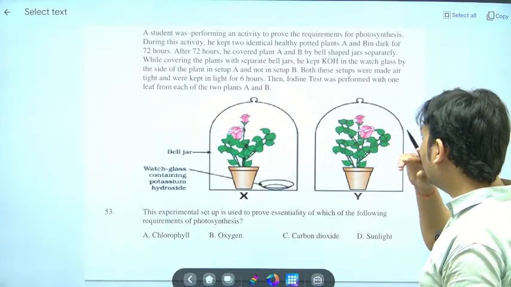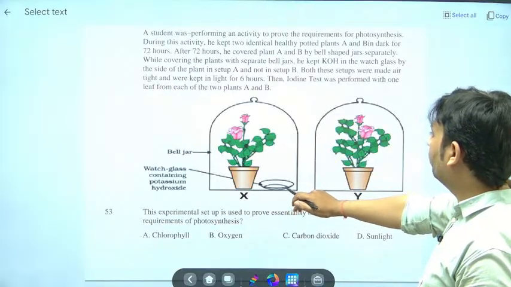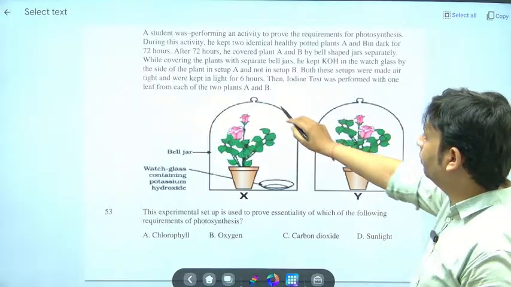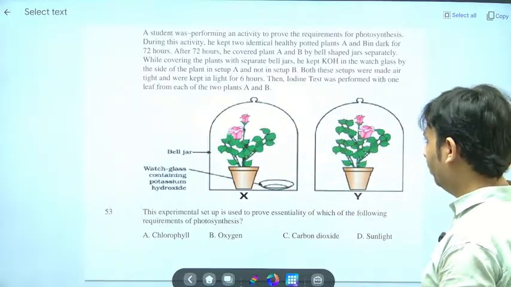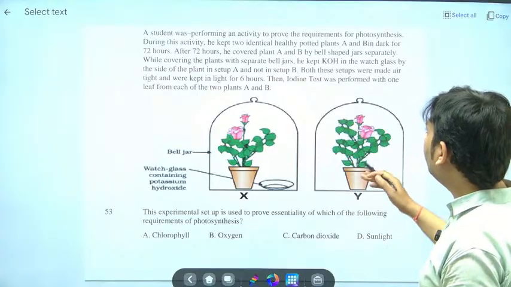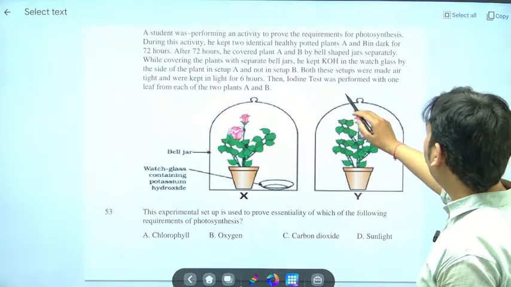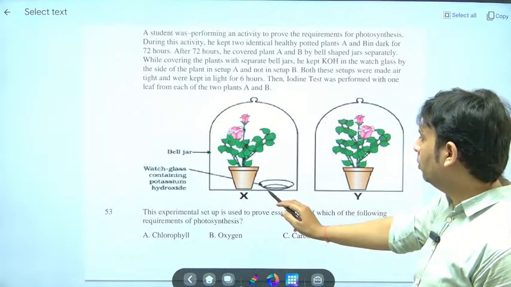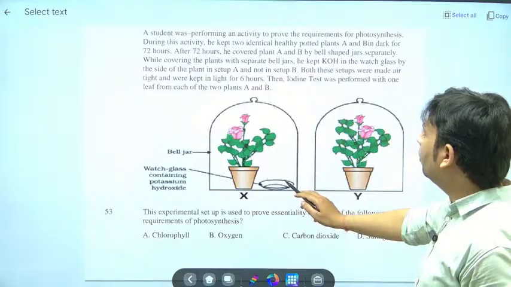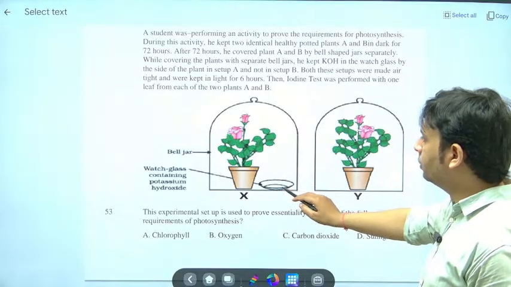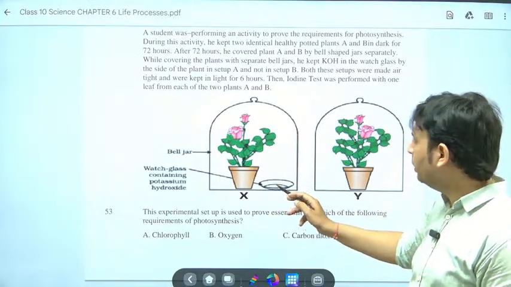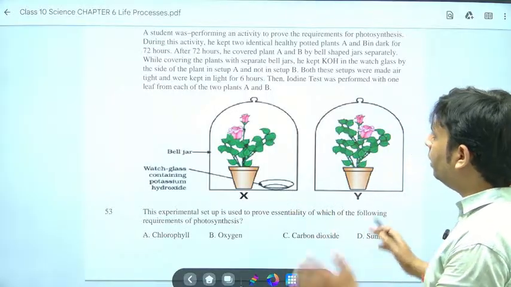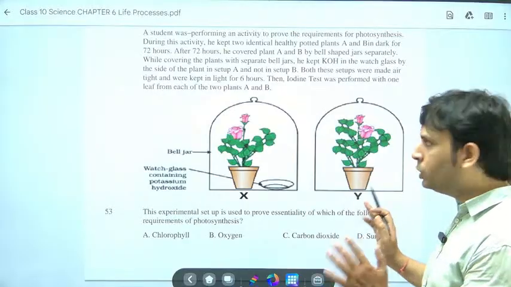After 72 hours, he covered plants A and B separately by bell-shaped jars, like this. While covering the plants, he kept potassium hydroxide (KOH) in a watch glass by the side of the plant in setup A. Both these setups were made airtight and were kept in light for 6 hours.